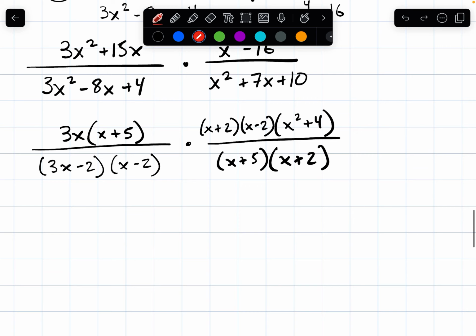We're going to go ahead and start canceling off those common factors. So here we see an x plus 5 and another x plus 5. I see an x minus 2 and another x minus 2. Here I have an x plus 2 and another x plus 2. And it is tempting to look at this and think the 3x and the 3x can cancel out, but that would be incorrect.